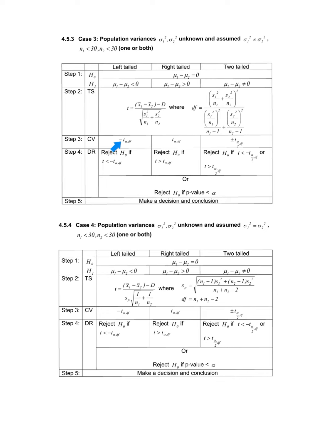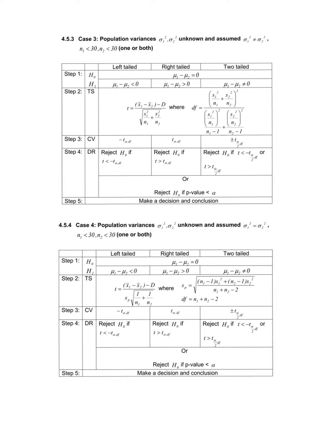Usually, if the test statistic is negative, we refer to the left tail. That's why the critical value is negative most of the time. If left tail, it must be negative.